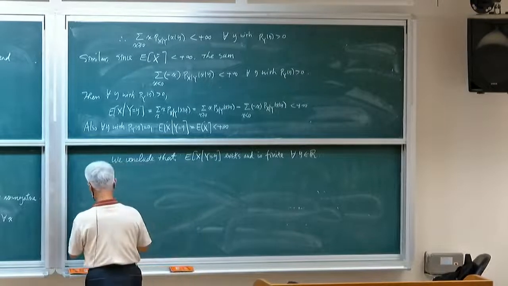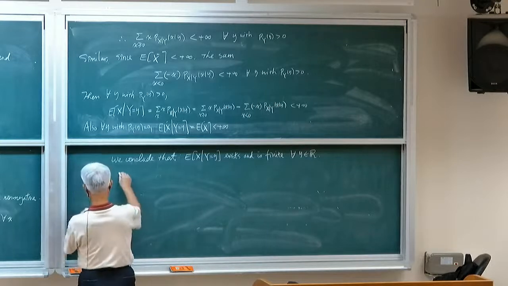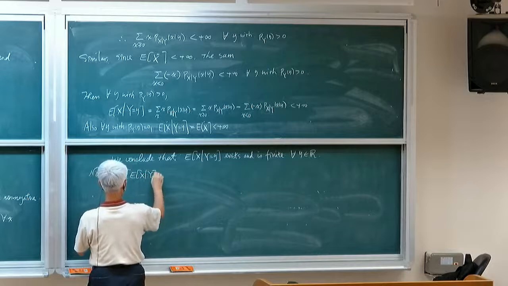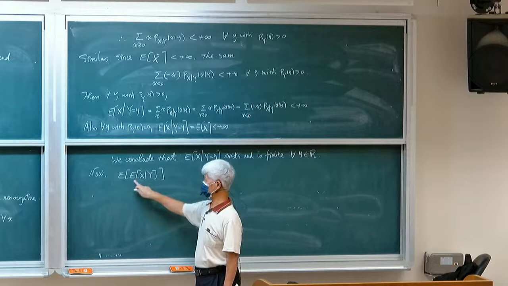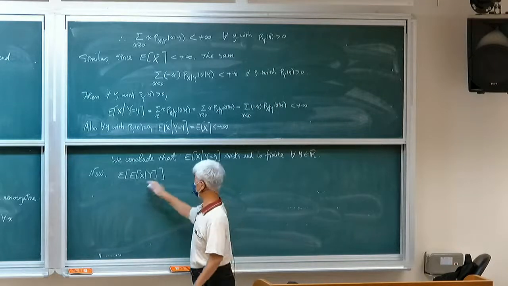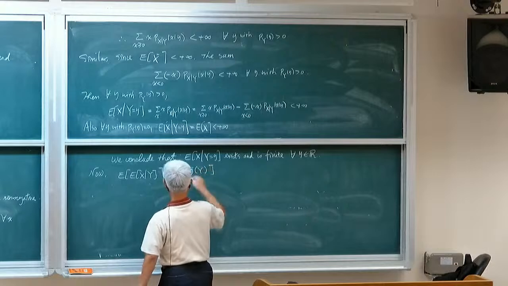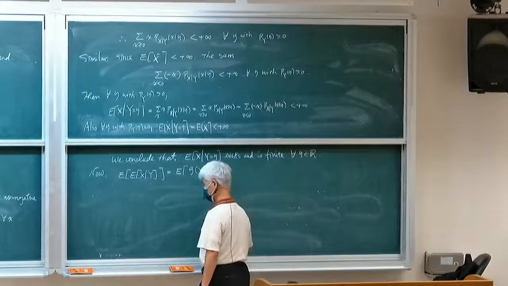So now, the expectation of the conditional expectation given Y, this is a random variable. So the expectation of this random variable we know is the expectation of G of Y. Oh, I forgot to put that.